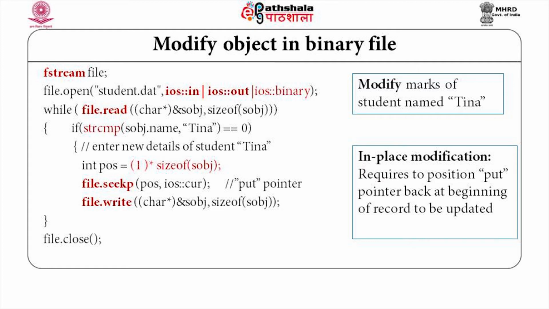So, when the position of the put pointer is to be set from current position 48 bytes in the backward direction, for that we have used file.seekp with position, which is -48 from current position, and at that position we are writing the record back.